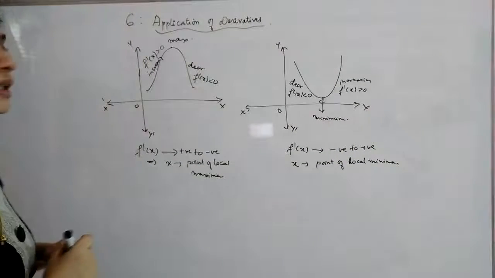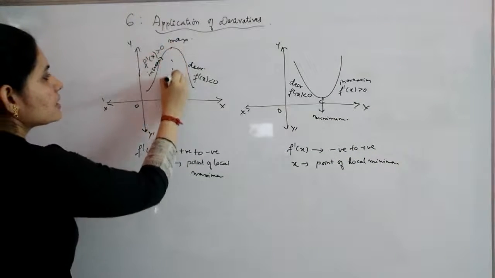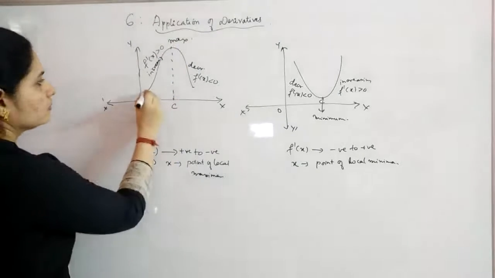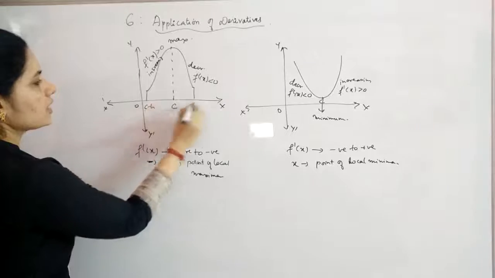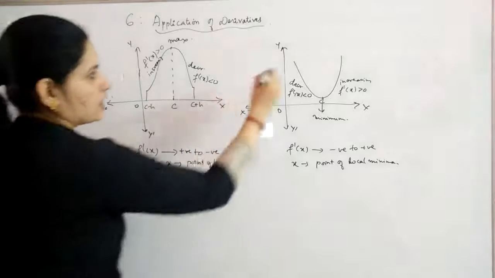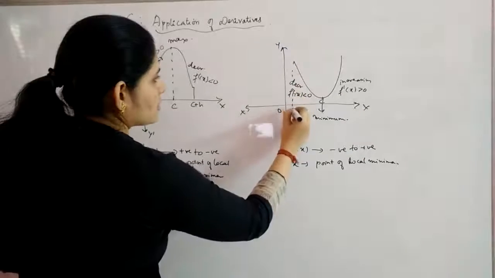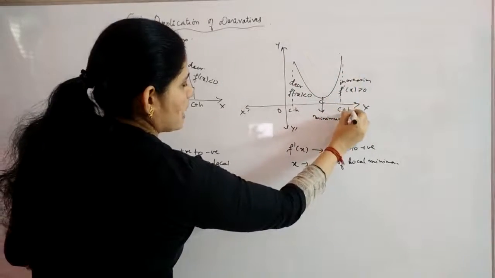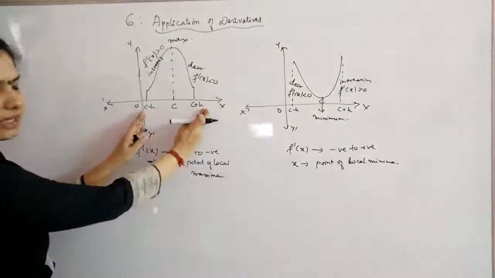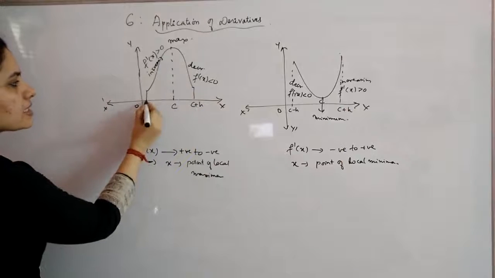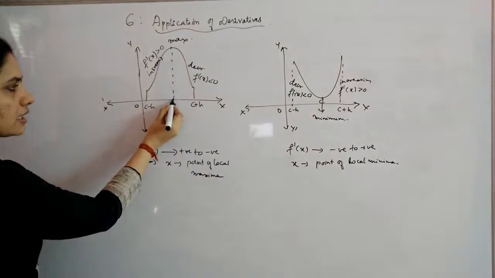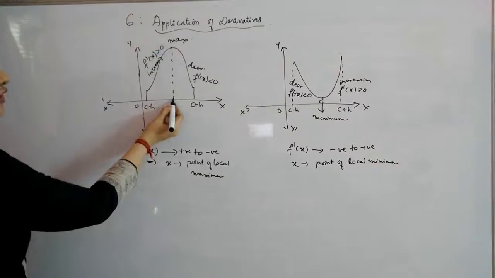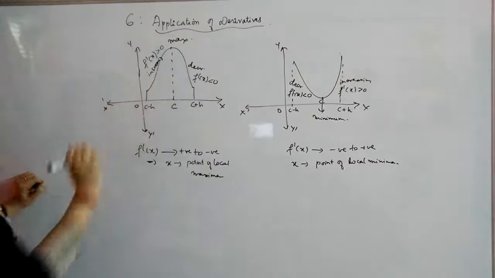Okay. Now on an interval basis, suppose this is c, this is c minus h, and this is c plus h. So this is the interval I have taken. In this interval, from c minus h to c, the function is increasing, or to the left of c, I can say it is an increasing function.